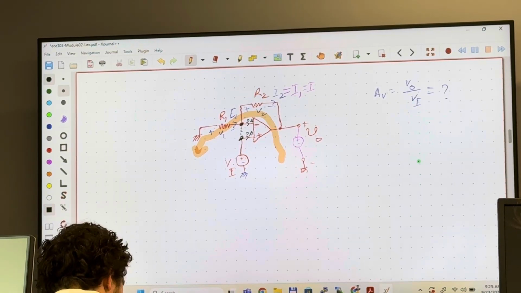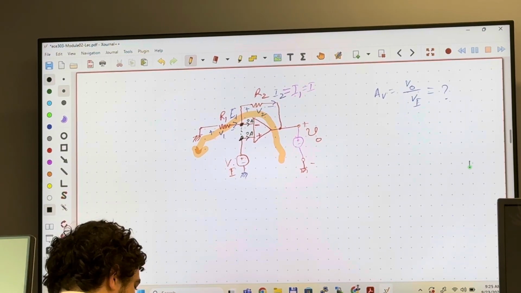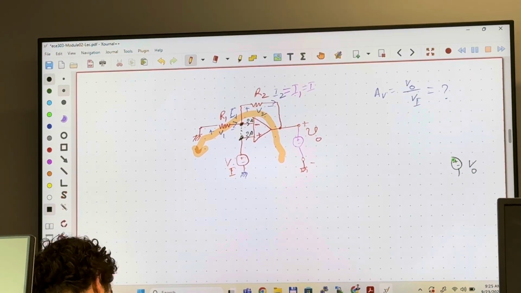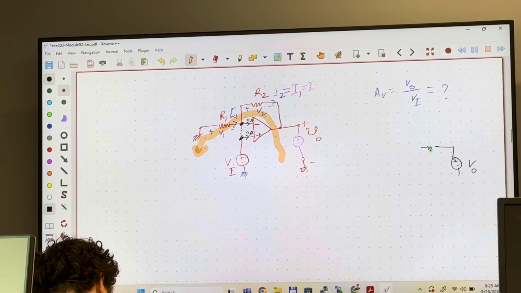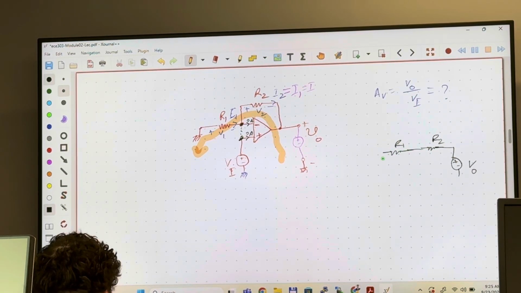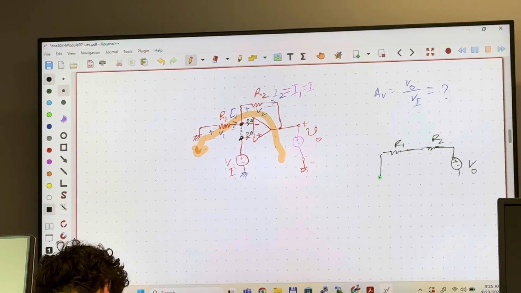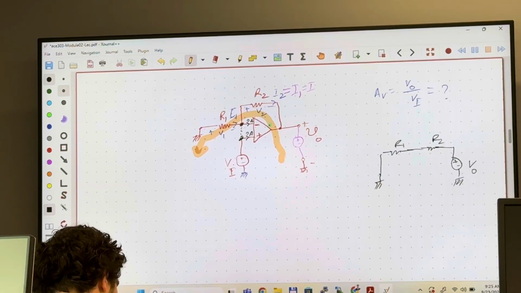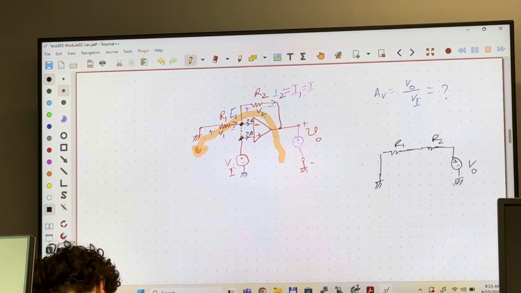You can think of this circuit as this is V out, R2, R1, and this is ground. Do you see that? You go from here to here, you can think of this as this circuit.